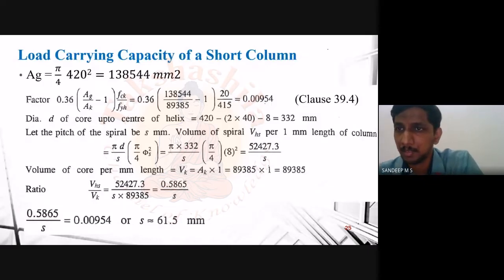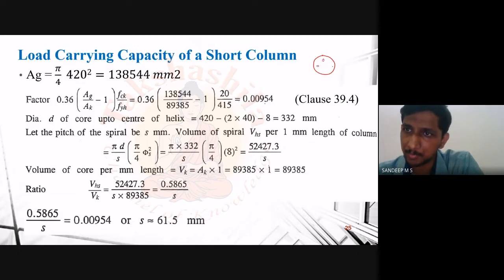See, we have a cross section like this. Then we have some reinforcements running like this. Then we have ties again provided as a helix, and this has some thickness.